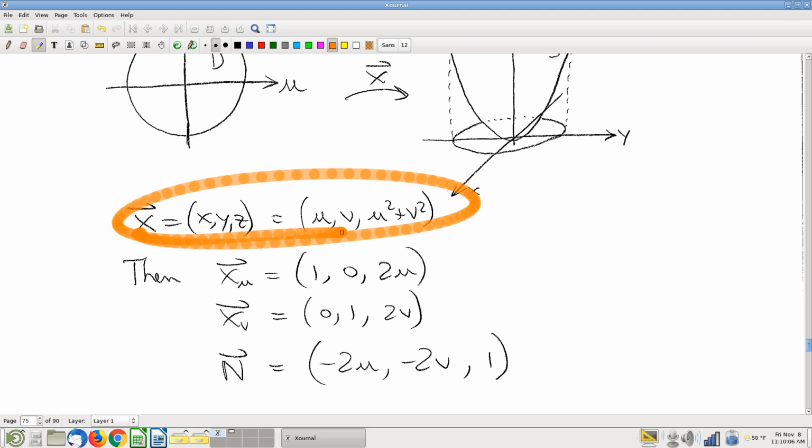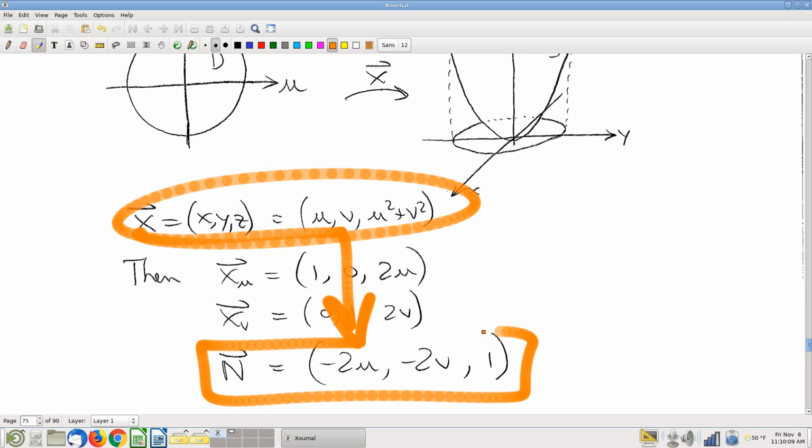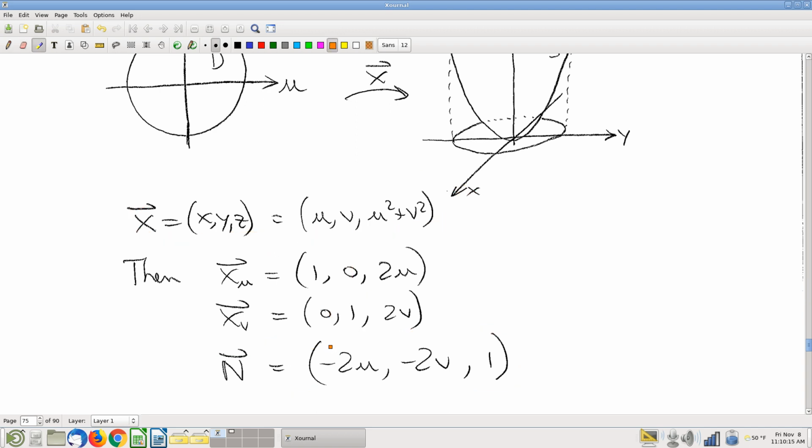Again, the parameterization dictates your capital N vector, and now we can look and see if we got this right or if we got this wrong. And notice this normal vector, it's hard to say exactly what direction it's pointing, but to some extent, you can see right there it's pointing upward. Maybe upward into that way, upward into the side, I don't know about the rest of it, but it's not downward in any sense.